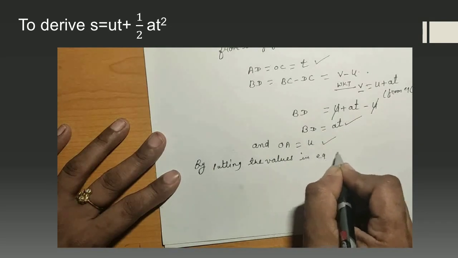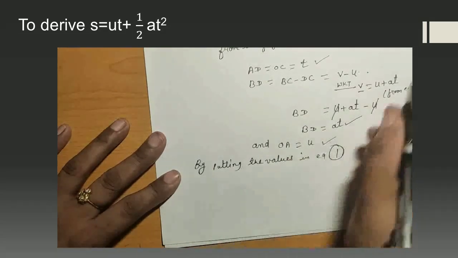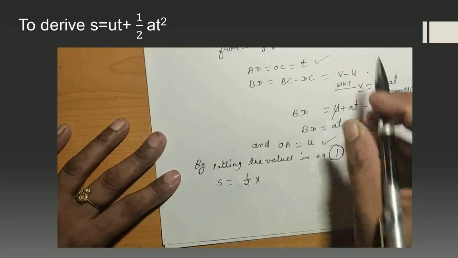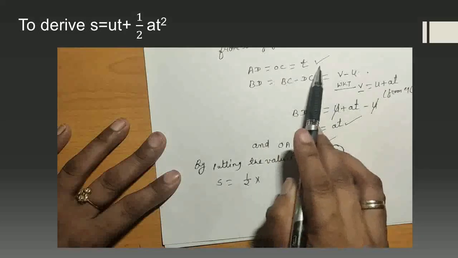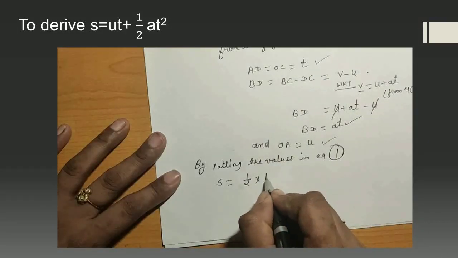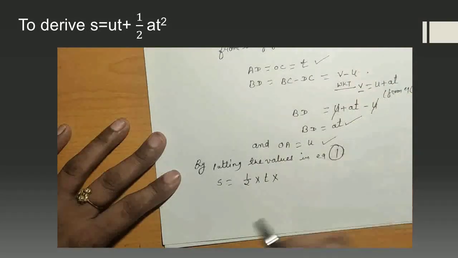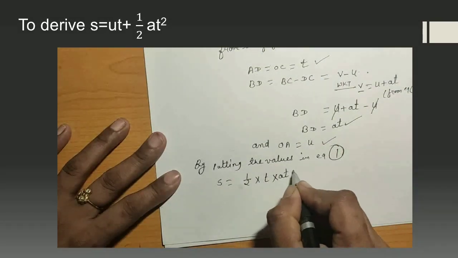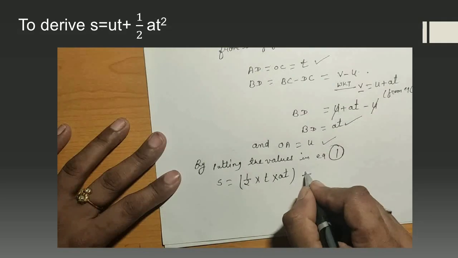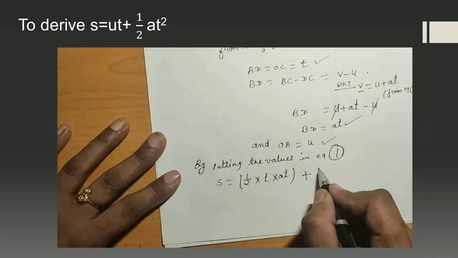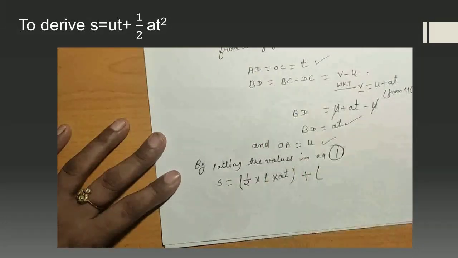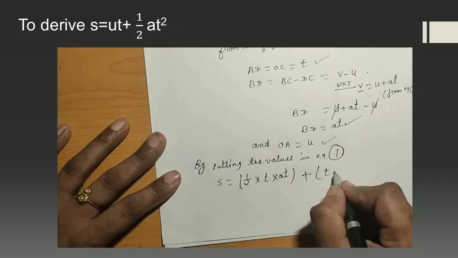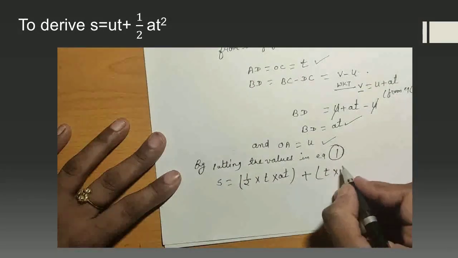By putting the values in equation 1. What is equation 1? s is equal to half into AD. What is the value of AD? That is t. Into BD. What is the value of BD? That is at. Clear? Plus OC. What is the value of OC? OC is the same as AD, that is t, into OA. What is the value of OA?